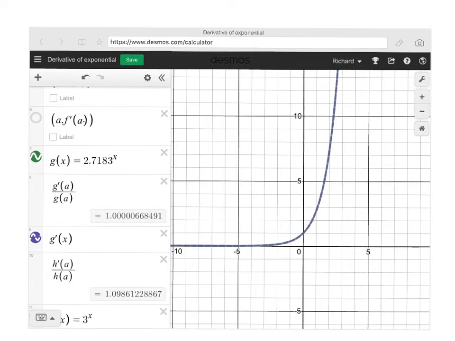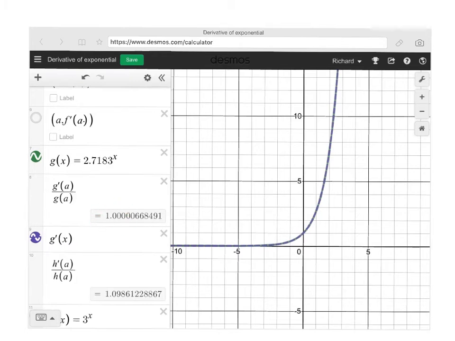So that means that if I have an exponential function that's 2.7183 to the x, the derivative is the exact same as the original function. They overlap, they coincide. And that makes sense with this calculation, because g prime at every single x value divided by the original function at every x value gives you 1.